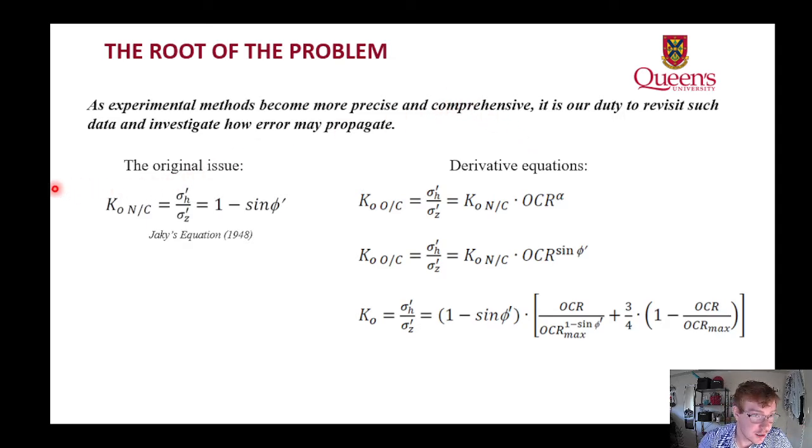So in our case, the original issue lies within Jaky's equation in 1948. And unfortunately, Jaky's equation has been shown to have been based on improper assumptions about the stress state of a soil at rest, and as well an improper understanding of the conditions required to assess K0.